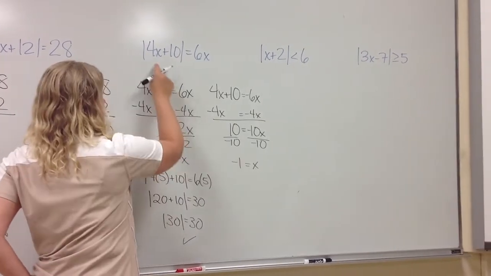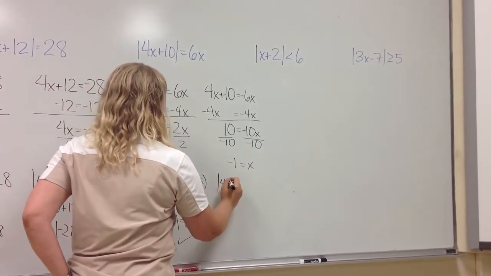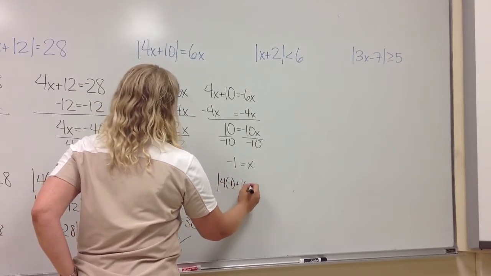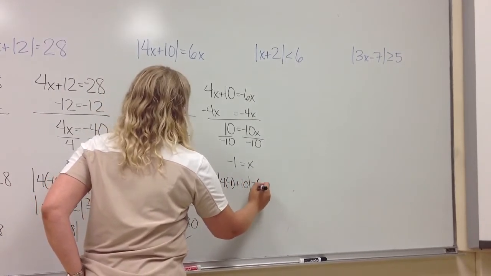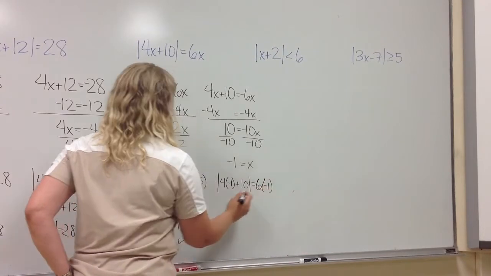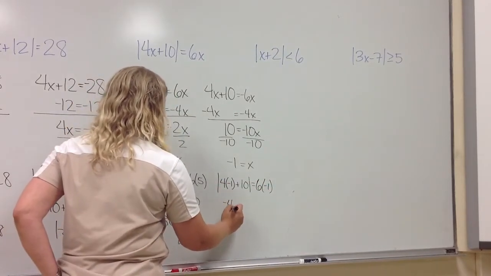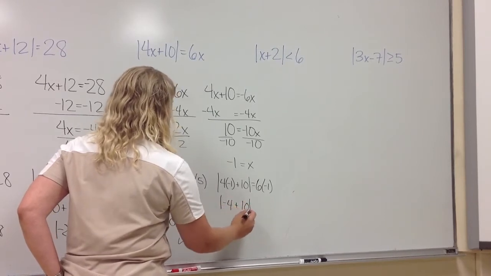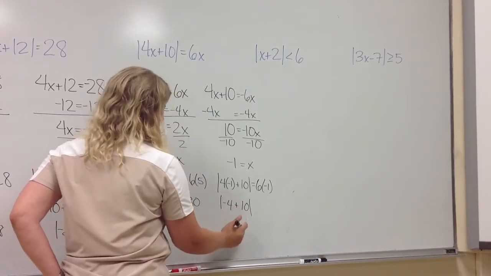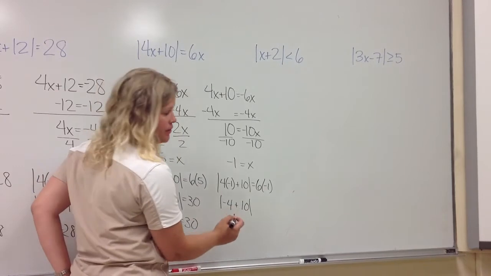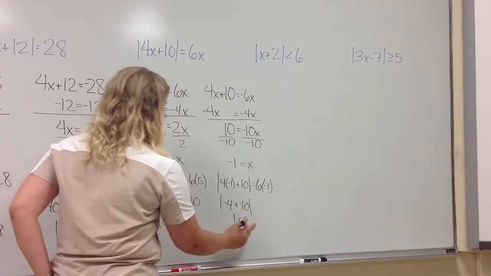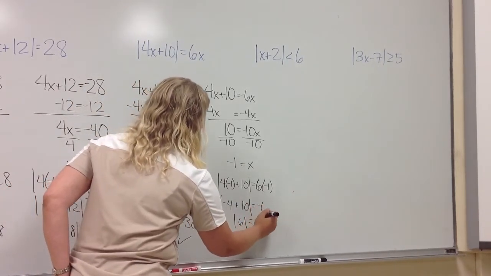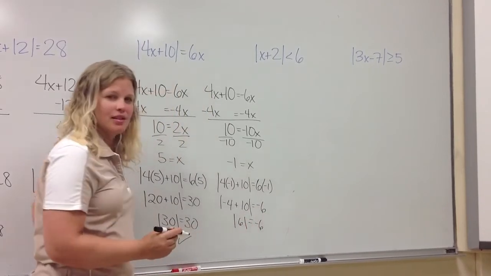Let's try negative 1. 4 times negative 1 plus 10. Absolute value of that equals 6 times negative 1. 4 times negative 1 is negative 4, plus 10. Now, what is the absolute value? Or we'll add them together. Sorry. Getting ahead of myself. It's so exciting. Absolute value of 6. Could it equal negative 6?